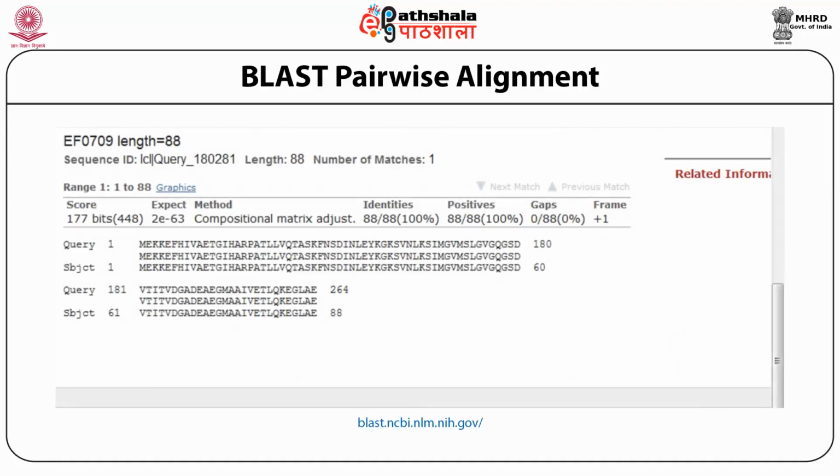BLAST variants available at NCBI can also align 2 sequences using local alignment. Simply check the checkbox to use BLAST as an alignment program for sequences rather than a similarity search program. Paste 2 sequences for pairwise alignment.